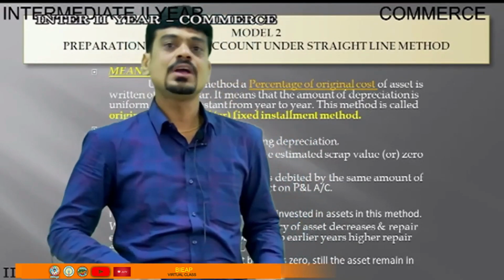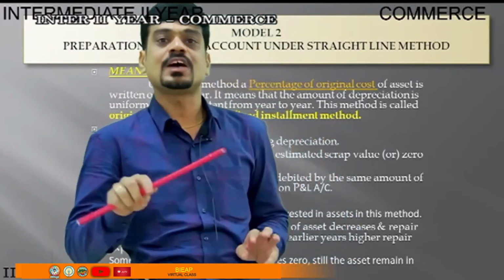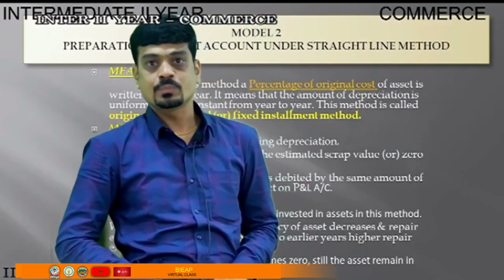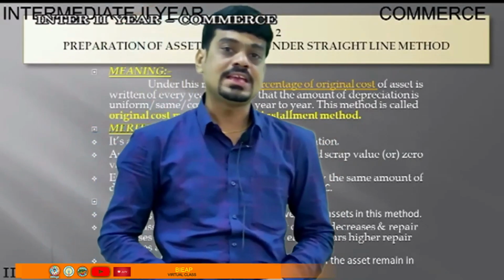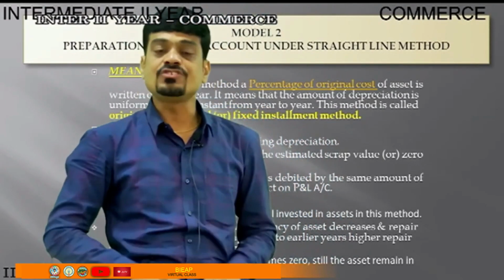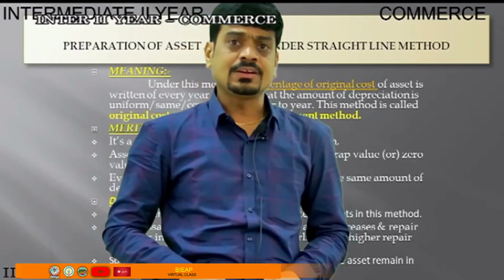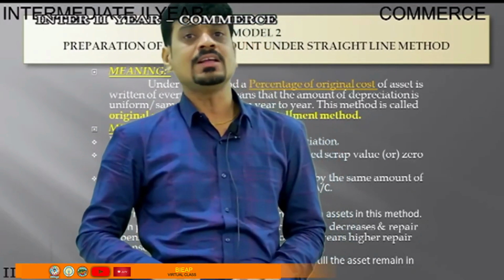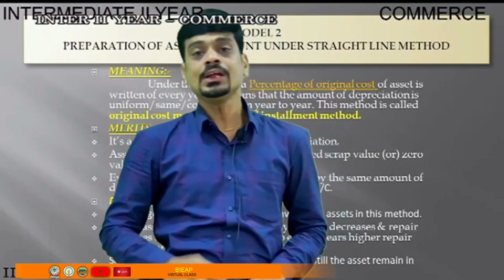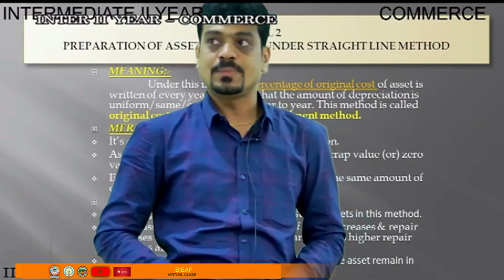So today, we are going to focus on the basic two methods which are prescribed by the Board of Intermediate for your syllabus. Among the different methods I gave you in the first session, like straight line method, diminishing balance method, annuity method, insurance policy method and so on, for our syllabus we are given only two methods, that is straight line method and diminishing balance method.